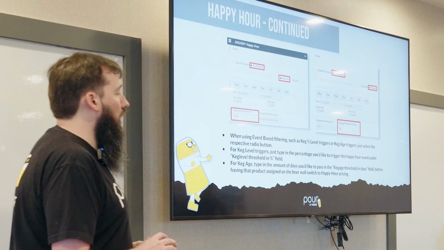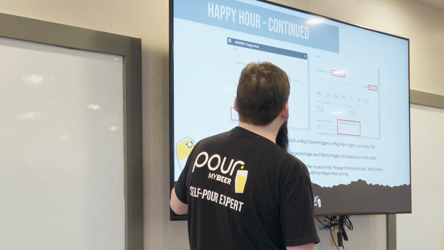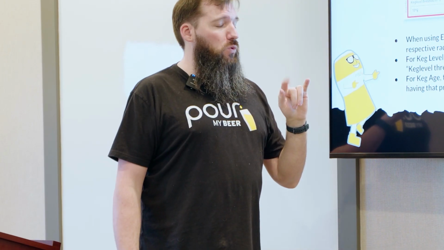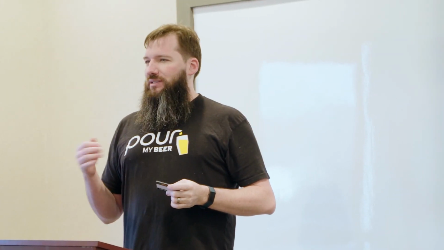Event-based ones, again, we're talking keg level or keg age. And we'll get into keg management in a little bit, but as long as your keg levels are managed appropriately, this is a pretty strong happy hour in my opinion, because anecdotally, I have heard from customers that once people know a keg is low, they tend to avoid it.